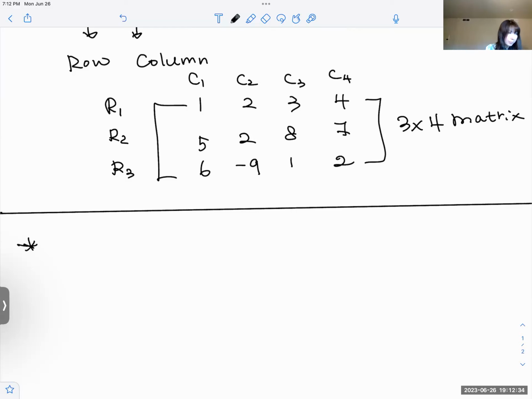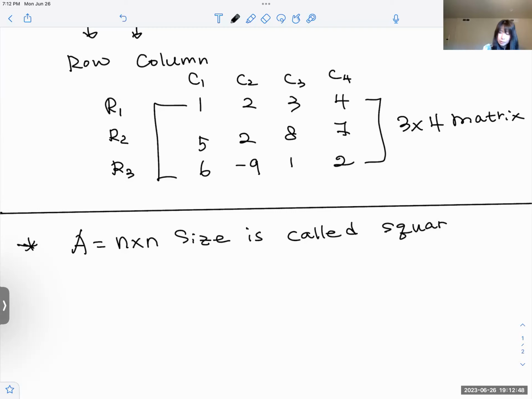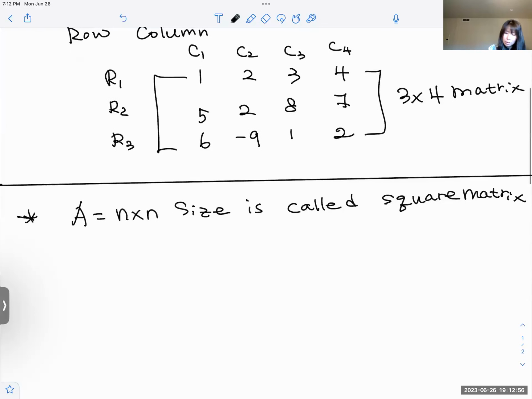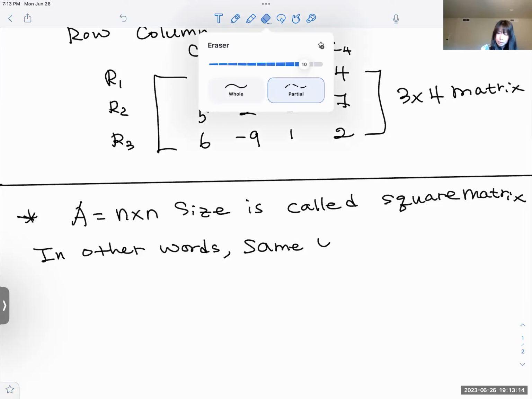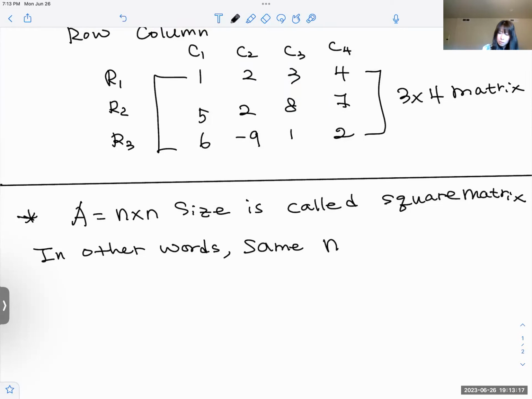If A is m by n and the size has the same number of rows and columns, it is called a square matrix. In other words, the same number of rows and columns, right?